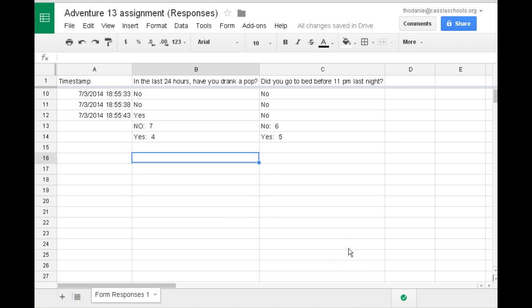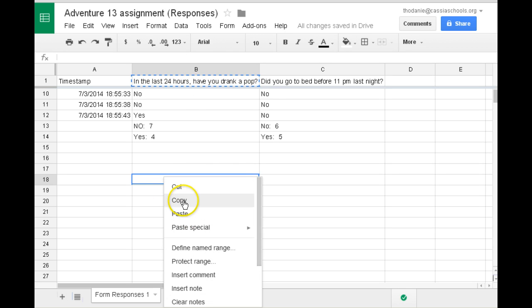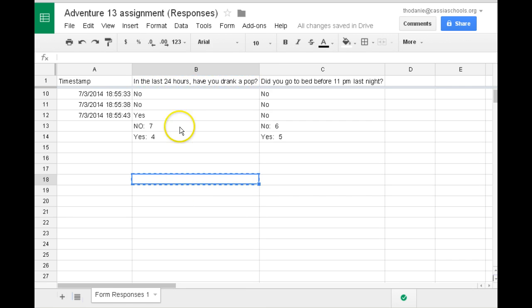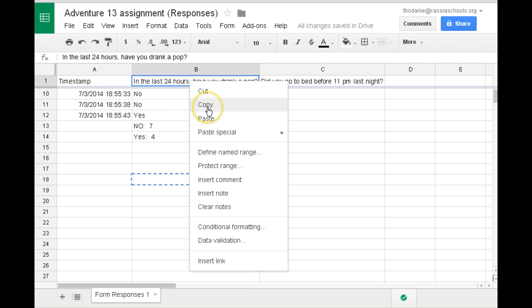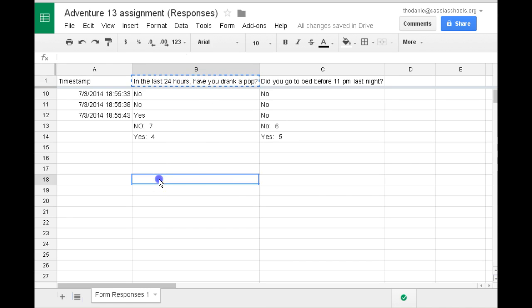What would that kind of look like? Let's just look at how it would go. Oh, I'm sorry. Hold on. Copy. Actually, I just put it like this. Did not drink pop.